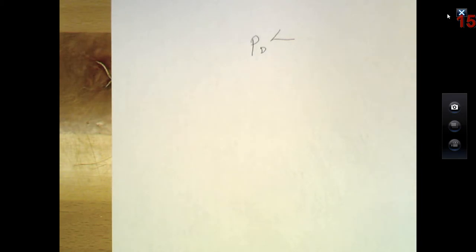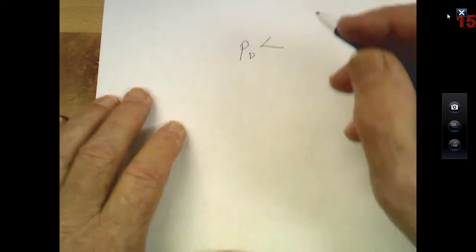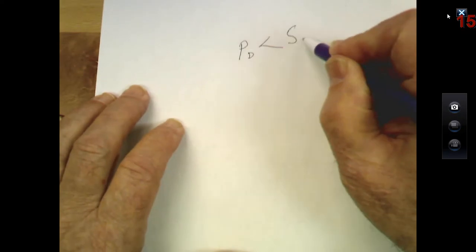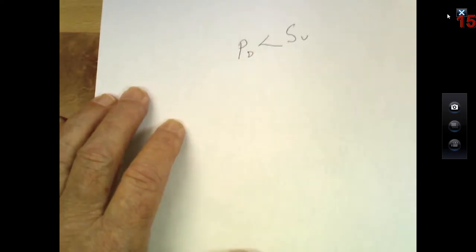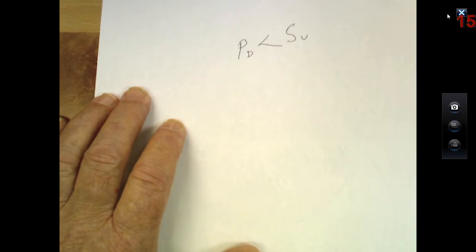Now there's my copula: are scientists that have a creative imagination. So all P are S, P little d, are S little u. Okay, that's my first statement.